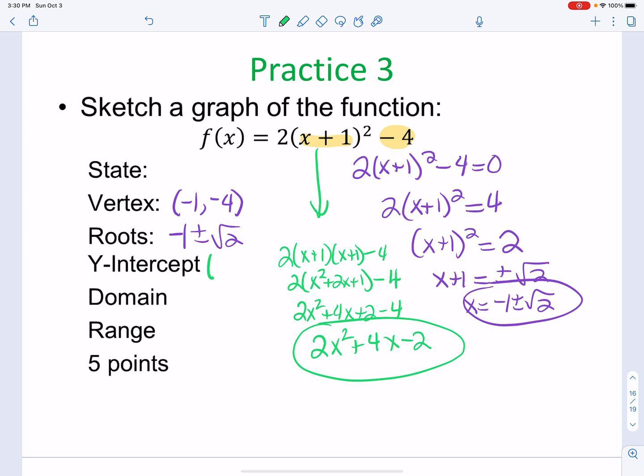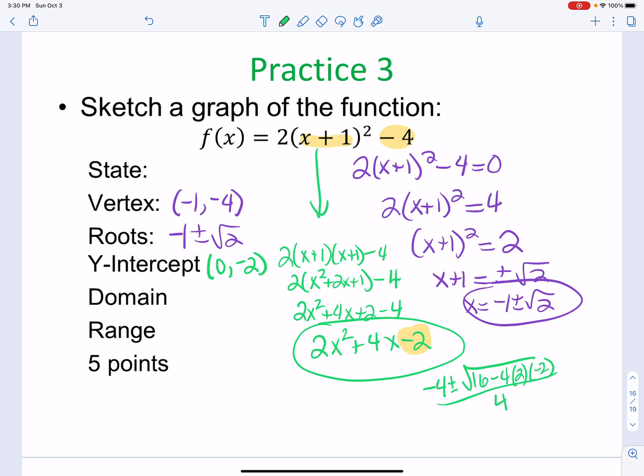You now know the y-intercept is (0, -2). That's from the c value. And then you can do completing the square or the quadratic formula, so negative b plus or minus the square root of b squared minus 4 times a times c all over 2a.